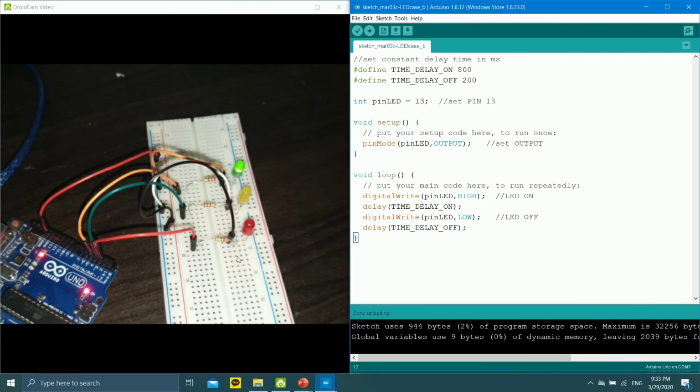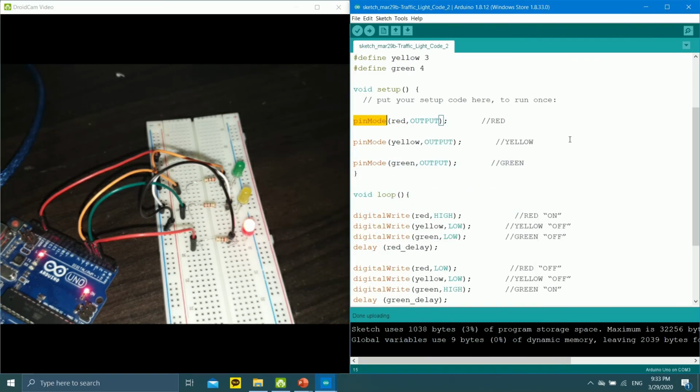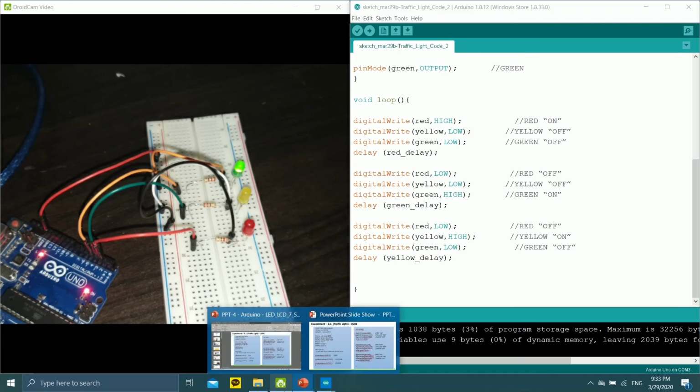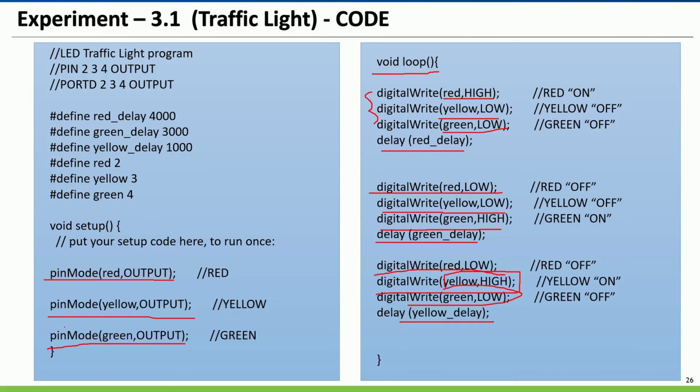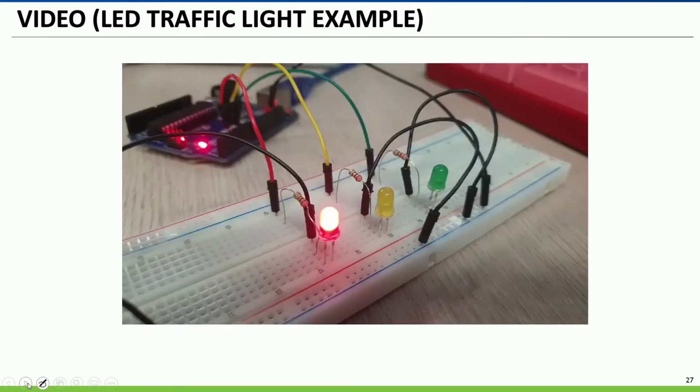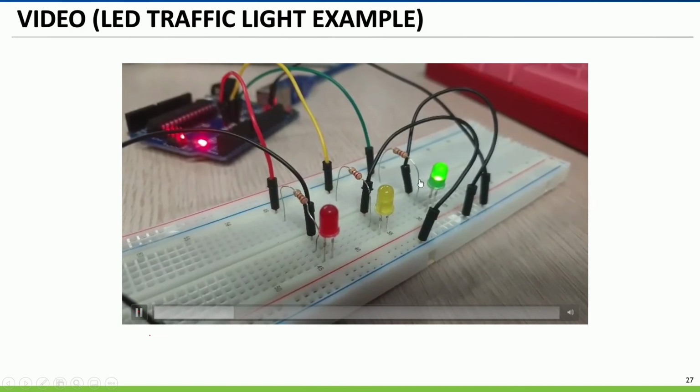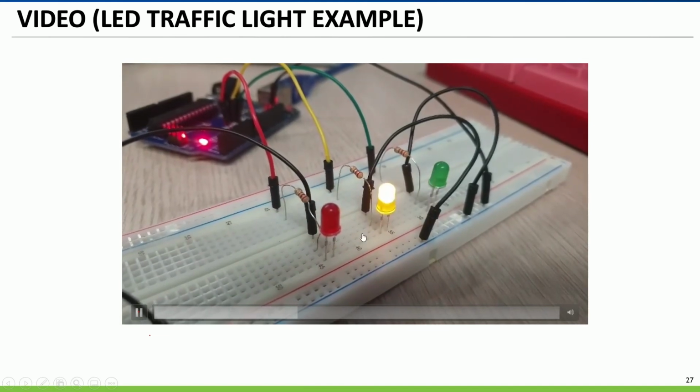Both functions are actually the same, but if you use digitalWrite, it sets only one pin at a time, high or low. Okay, the test LED. Our lecture is actually finished, and this one is an example video. LED red, green, and yellow is the same.